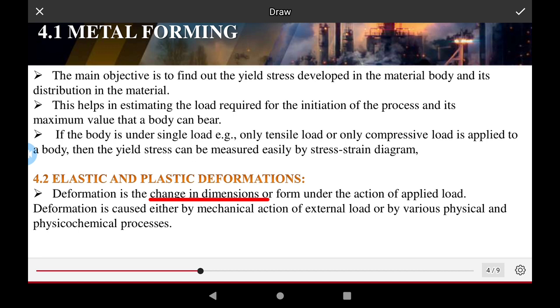Deformation is caused either by mechanical action of external load or by physical and chemical processes.